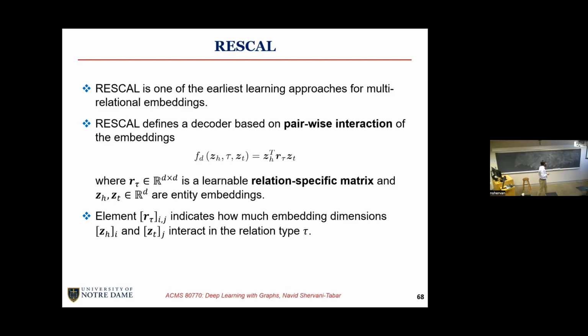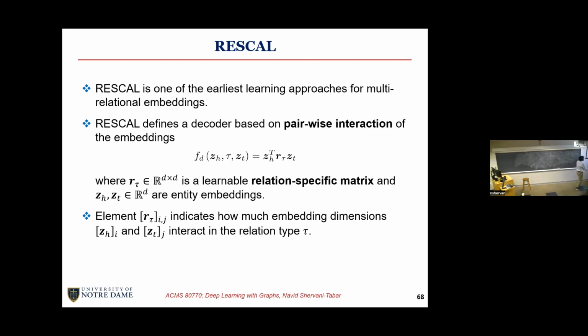We are saying that we have a vector z_h multiplied by a matrix R_tau, and that's multiplied by z_t. And then this is going to give us the score that we are going to use for reconstruction of our knowledge graph.